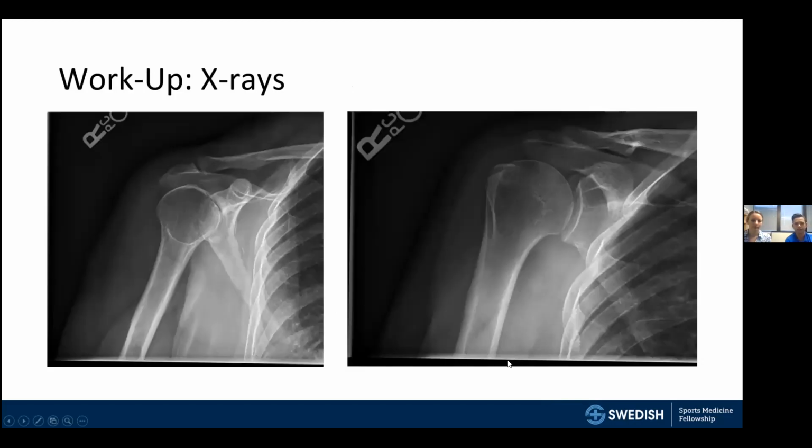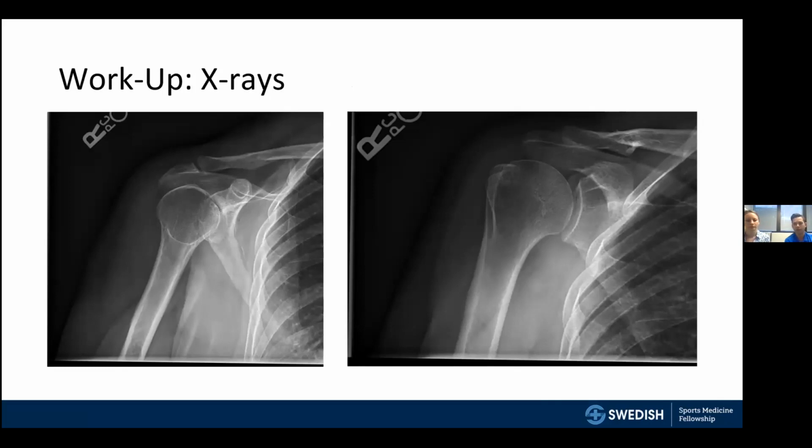Because of that history, we started with x-rays, and on the left is an AP view of the shoulder. Of note, there's no evidence of fracture, which was our concern when getting these x-rays. It did note some sclerosing of the bone, which can indicate minor glenohumeral joint osteoarthritis.